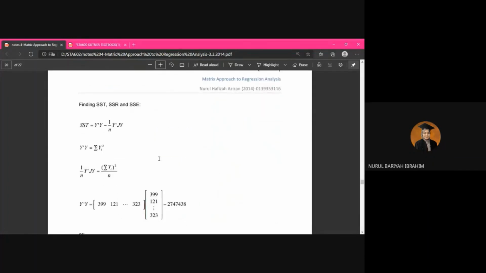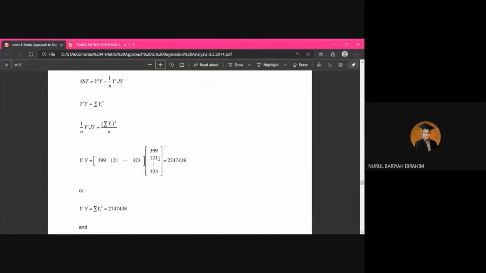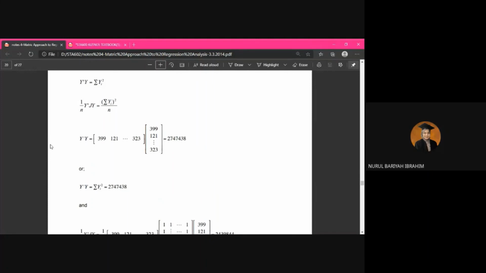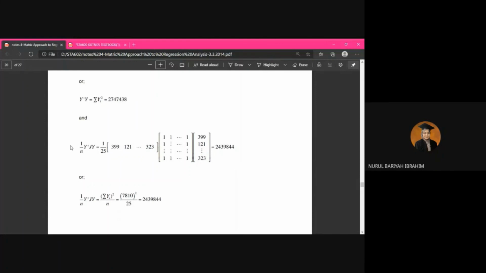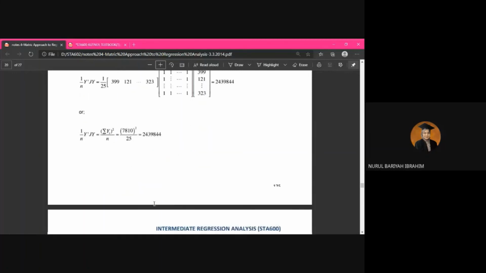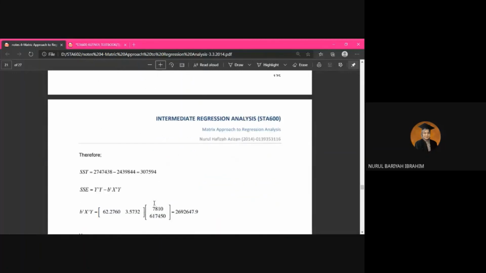In order to find the Anova table, we need the value of SST. We know that Y transpose Y is the summation of yi squared, which we can get from the calculator. And then we know that this value is the summation of yi, squared, divided by n. So you get this value, and lastly you can get the value of SST.